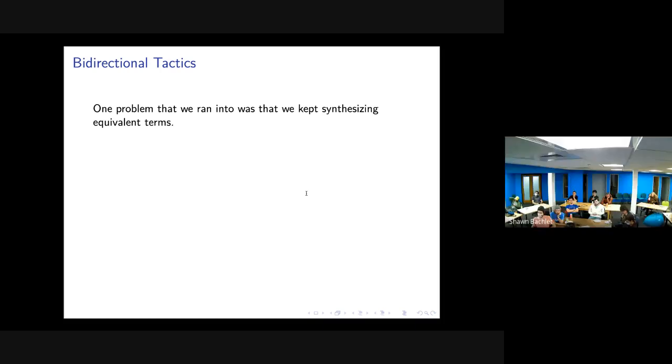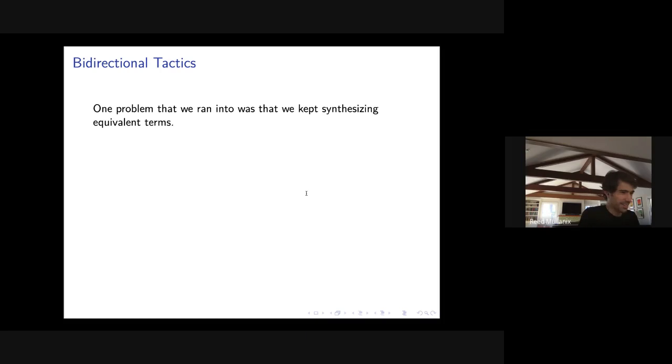Or you have all these weird things that if you normalize them, they're all the same normal form. But that takes time, right? That's branches. That's extra search just to produce the same result over and over again. And then you have to pick one, which is even more time. So it's a bit of a mess.